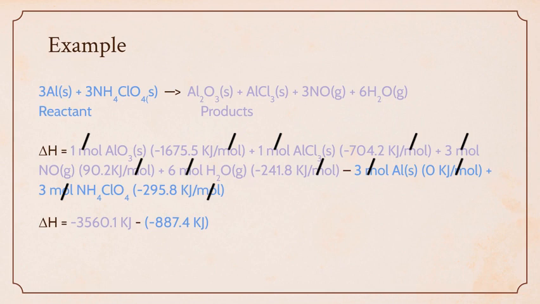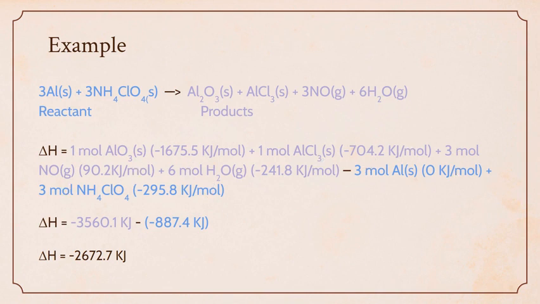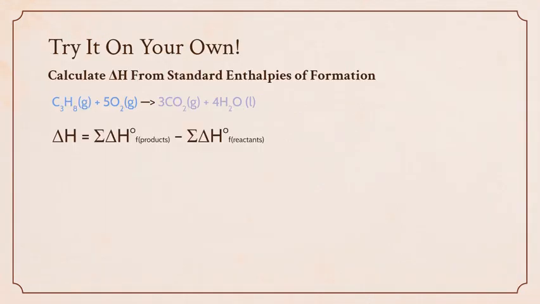So after adding those two together, you get a delta H of negative 2,672.7 kilojoules. So this is the time to try it on your own.